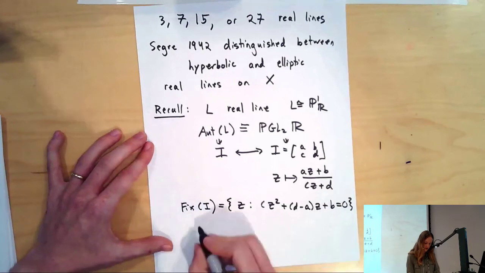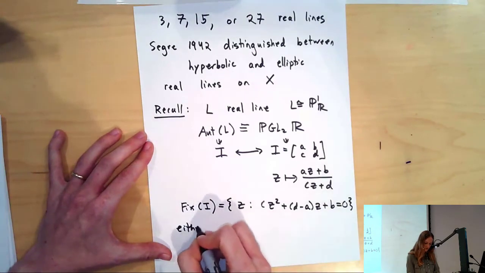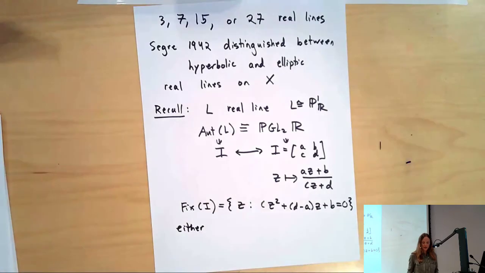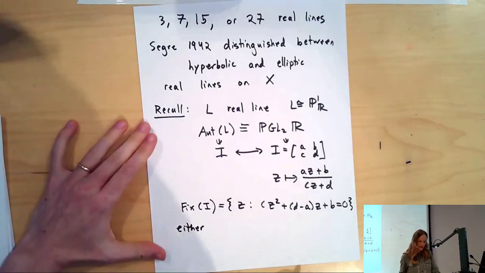So it could actually be one point, but we're going to have an involution, and so we won't get the one fixed point, the parabolic elements. We'll just have hyperbolic and elliptic elements of PGL_2(R).